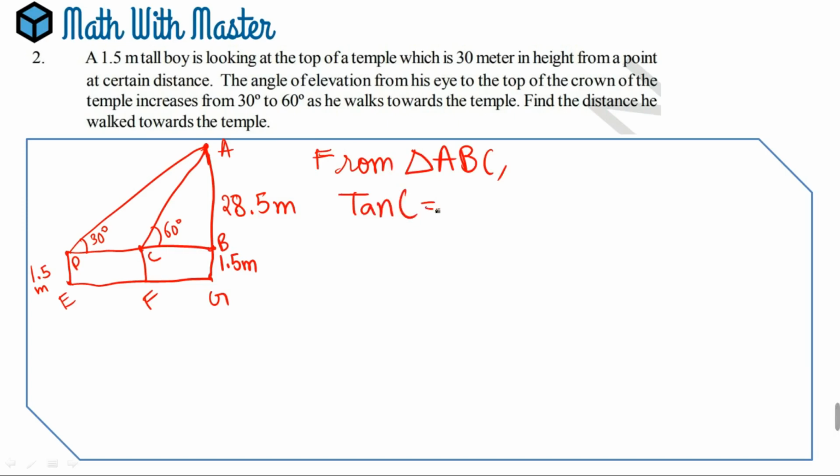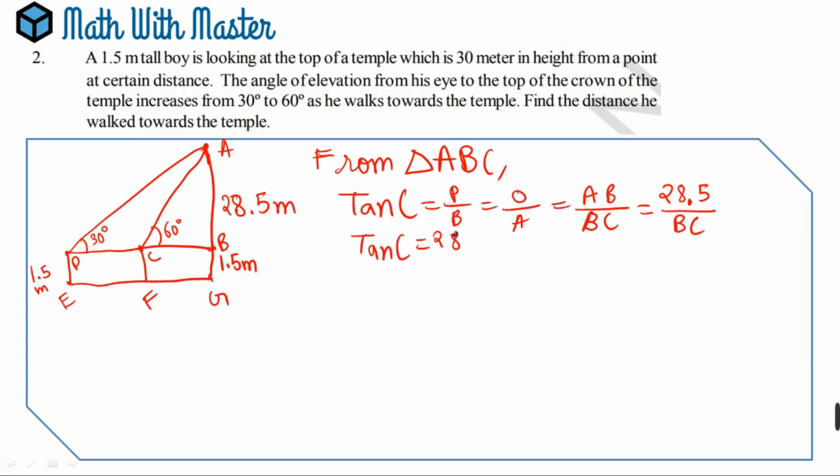So from triangle ABC, tan C is equals to perpendicular upon base, which is also equals to opposite upon adjacent. For angle C, it is equals to AB upon BC, which is equals to the length of AB is 28.5 and length of BC, we don't know. So tan C is equals to 28.5 upon BC. So instead of C, I can write the real value of C, which is 60 degrees.